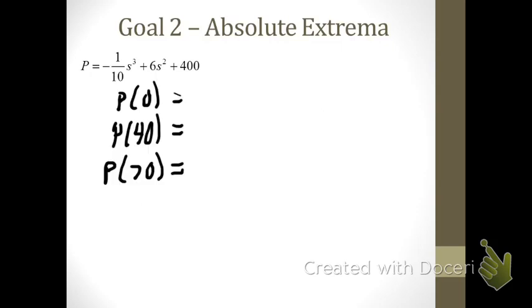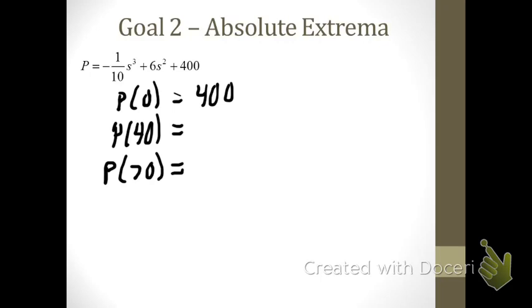Remember, what we're doing is plugging each of these values into the original function: the two endpoints, 0 and 70, as well as the critical value that we found, 40. Now, if we plug in 0, I think it's fairly easy to see how you would get 400. And then let's use our graphing calculators to figure out what you get when you plug in 40 and when you plug in 70 to the function.